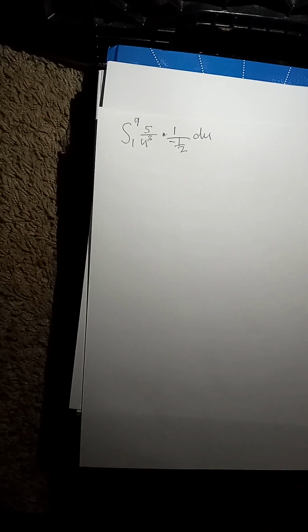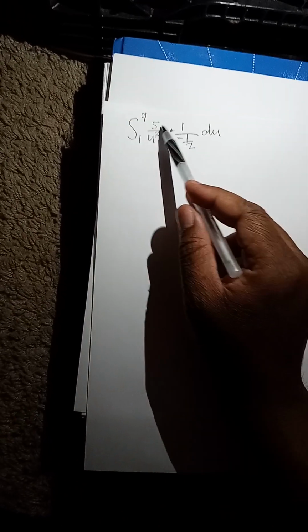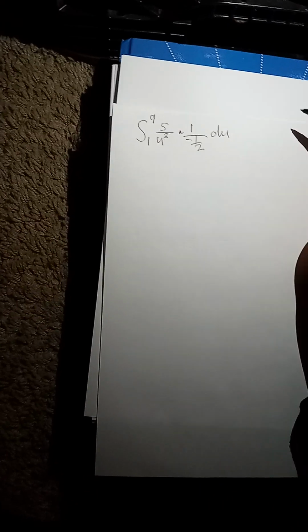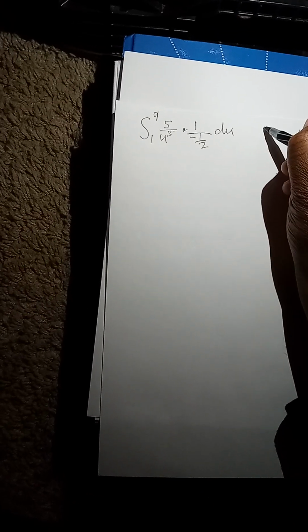Okay, so we have that so far. And so we can use 5 divided by negative 1/2. Let's simplify that right away here.